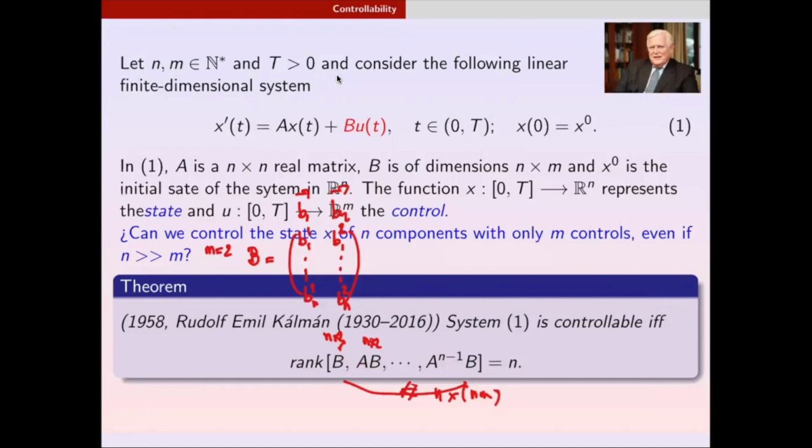And it is sufficient that there is just one possible choice of the columns. Out of these n times m columns, I have to choose only n of them. This is a combinatorial number. If just one of these choices of the columns produces n as a rank, then the system is controllable.